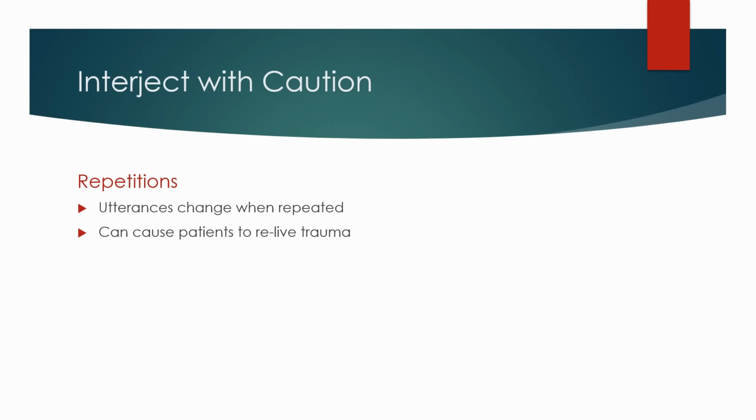And something else we really need to consider, this gets into the concept of trauma-informed care. I will be dedicating an entire section of this series to trauma-informed interpreting. But asking for repetitions, especially if the patient is sharing something emotionally charged or even recounting a traumatic event, getting them to repeat that can actually inflict harm on the patient, making them relive what it is that they are describing.